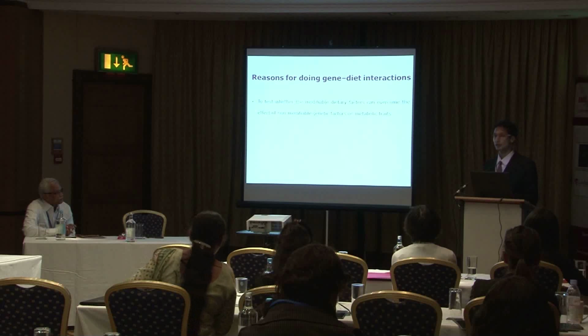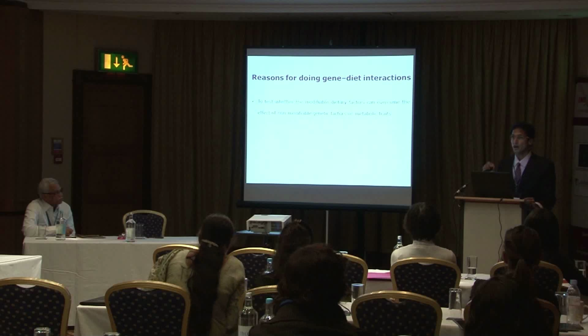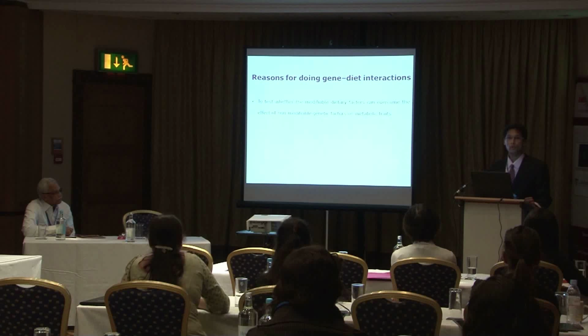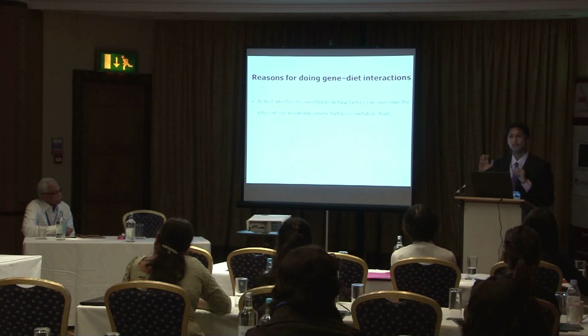Let's take the first example that I was explaining, where I showed that a genetic variation shows an association with obesity only among those who consume high-fat diet. So the people who are consuming low-fat diet are prevented from developing obesity even if they carry the risk allele of the genetic variant.